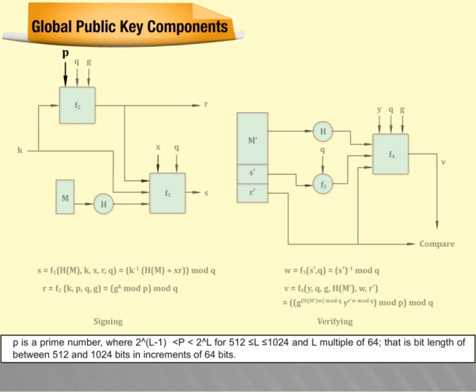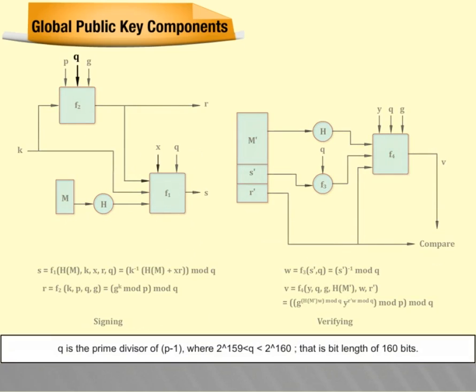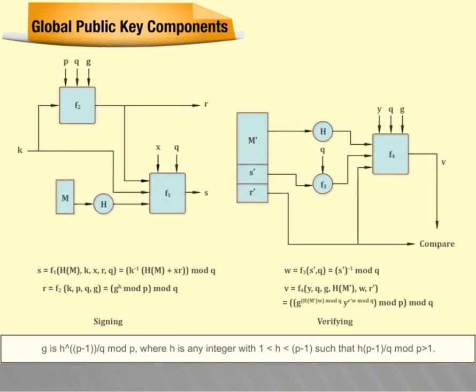That is, a bit length of between 512 and 1024 bits in increments of 64 bits. q is a prime divisor of p - 1, where 2^159 < q < 2^160. That is, a bit length of 160 bits. g = h^((p-1)/q) mod p, where h is any integer with 1 < h < p - 1 such that h^((p-1)/q) mod p > 1.